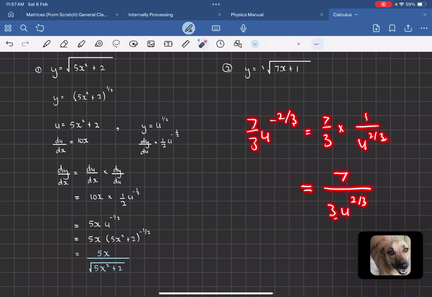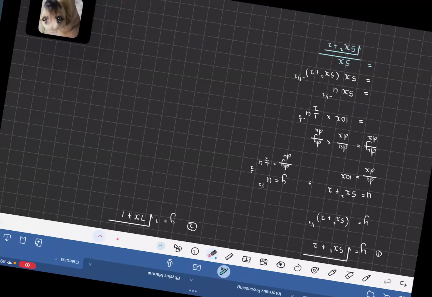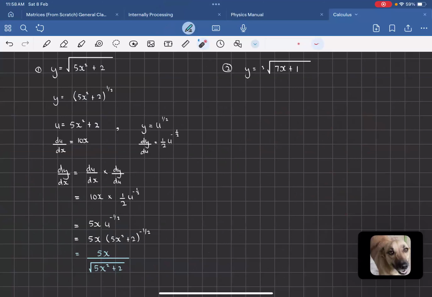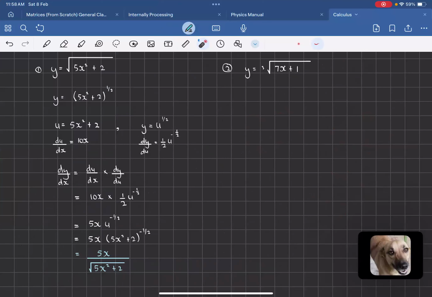So you notice u to the power 2/3 is in the denominator with the 3. Yours is different because you have 7 over 3 all over the cube root of that. So it's different. All right.